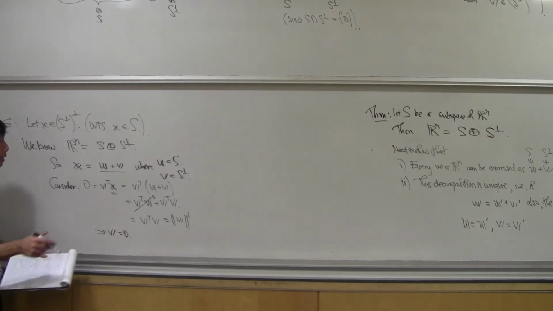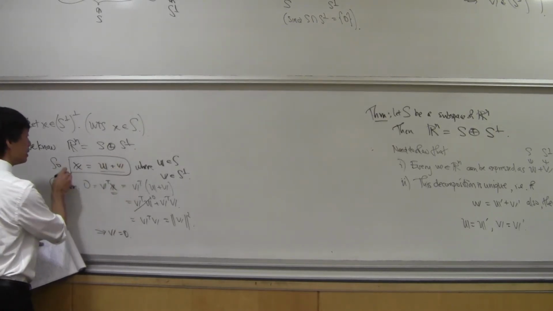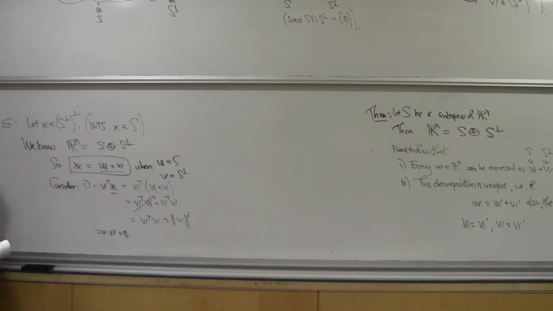But going back, X was U plus V. So that means X is just U, X is U plus 0.